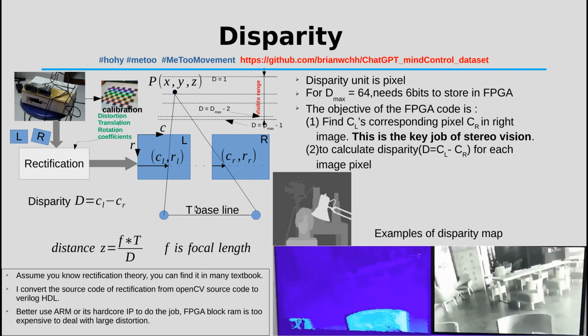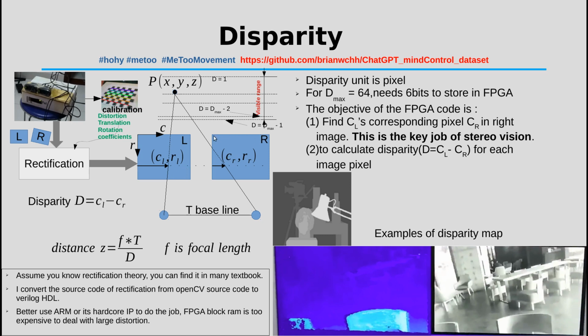Okay, so the disparity is calculated like this. In the left image, the projection of this point is CL, RL, where C means column and R means row.